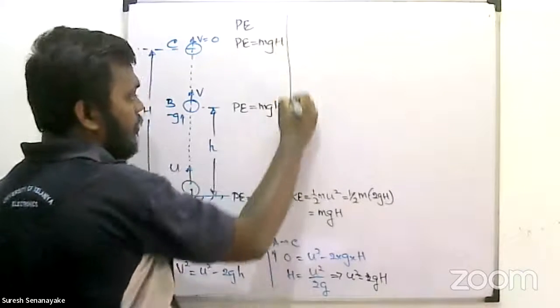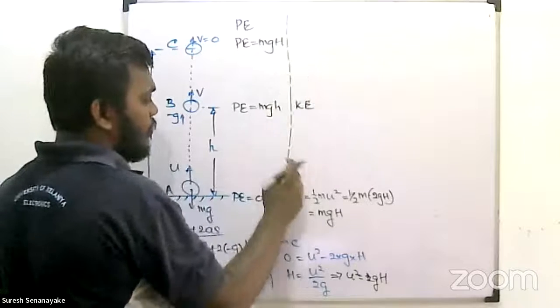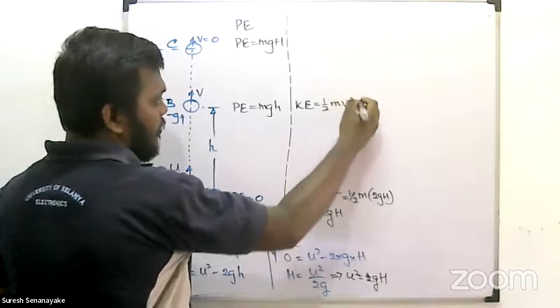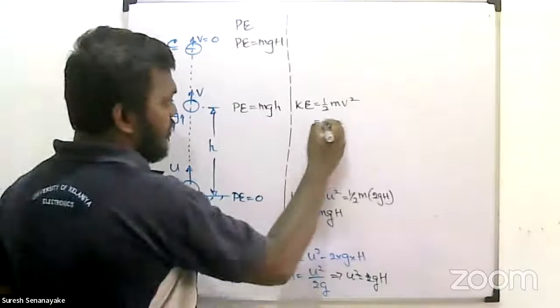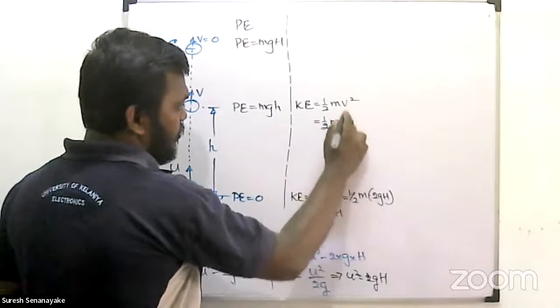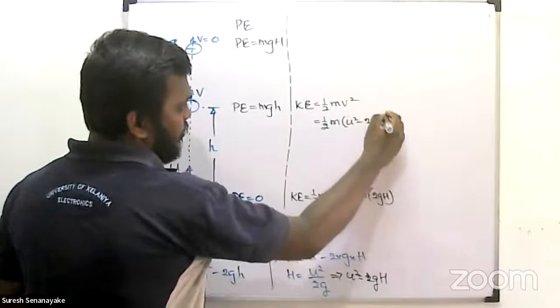At B, the kinetic energy is half m v square. You can substitute v square from this equation, u square minus 2gh.